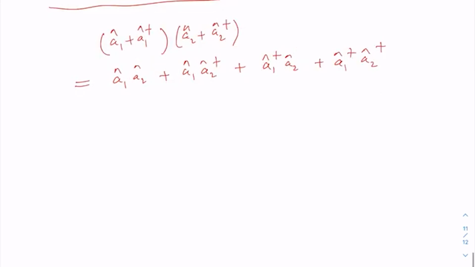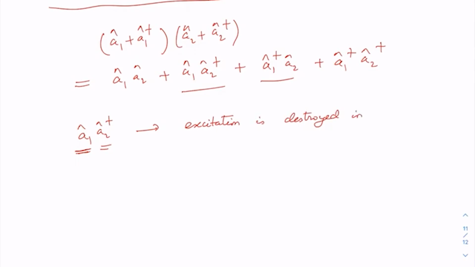What these terms physically mean: if I look at these two terms, a1 a2 dagger basically means that an excitation is getting destroyed in oscillator 1, and one excitation is created in oscillator 2.